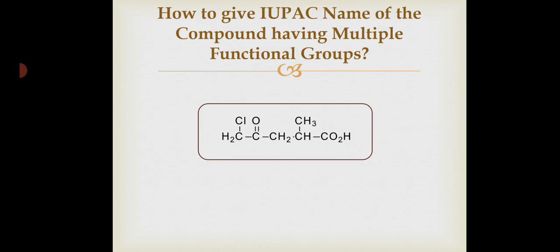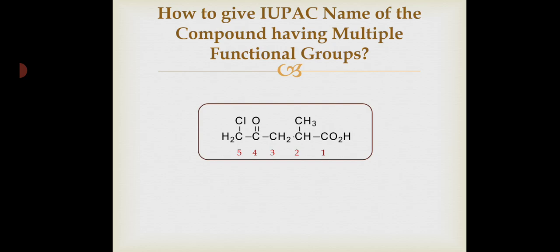So the numbering should start like this. Carboxylic acid will get the first preference in numbering. The other functional groups get numbers as follows: methyl gets 2, keto gets 4, and chloro gets 5.